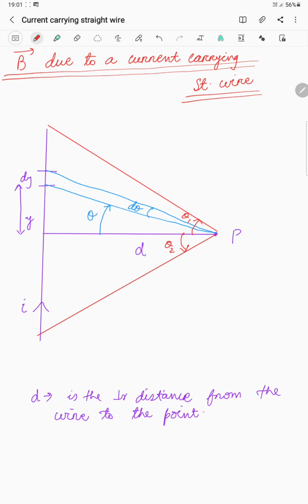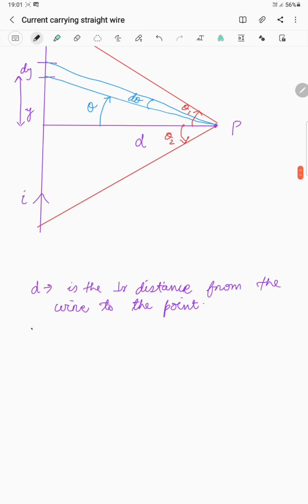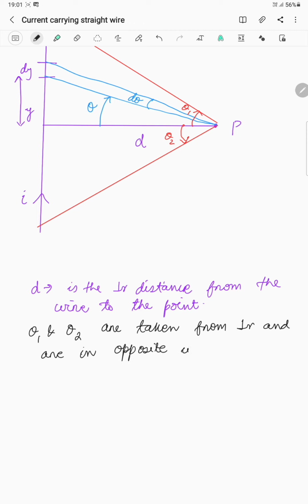Remember, theta 1 and theta 2 are taken from the perpendicular and are in opposite sense. This is very important, because while solving problems this is required.